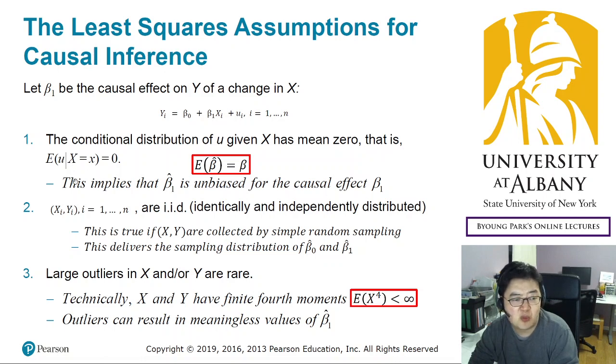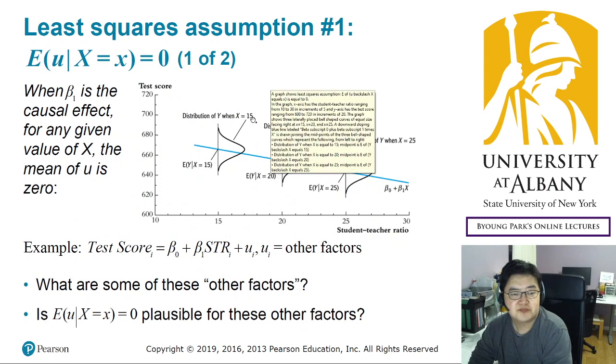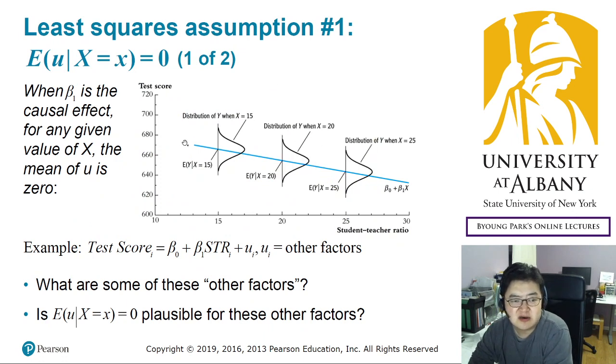Then again, what does conditional on x imply? So think about this. When you have a regression line, for 15 and 20 and 25, there must be a group of school districts at each level.